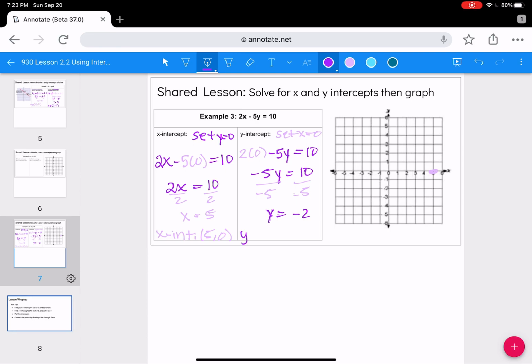And I would write my y-intercept as 0, my x value, comma, negative 2, which I just found. Then I'm going to go ahead and graph this here. I'm at 0. I'm not going right or left anything, so I just go down 2, 1, 2. And then I'm going to connect my line, and now I have graphed using x and y intercepts.